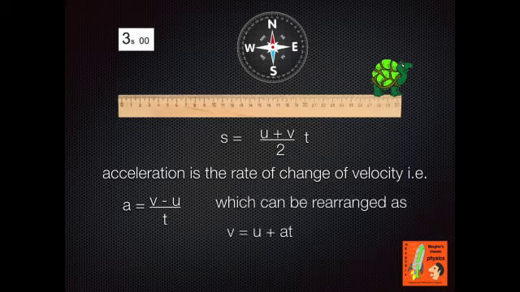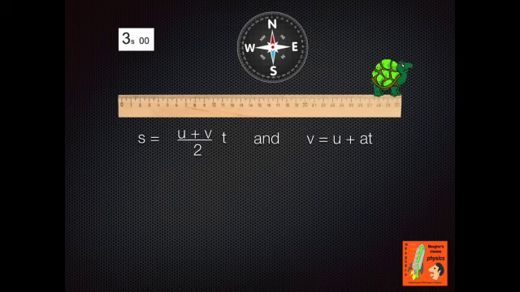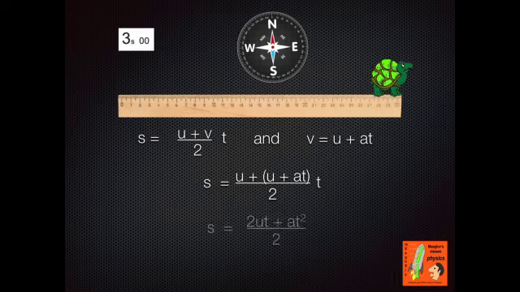Now, the final velocity is u plus at, and if we look at those two expressions we've now got, and if we substitute in for v, if we put in u plus at for v in this expression here, we can now get that whole expression written as s equals (2u plus at) on 2 all times t, and if we simplify that down, we get this expression here.